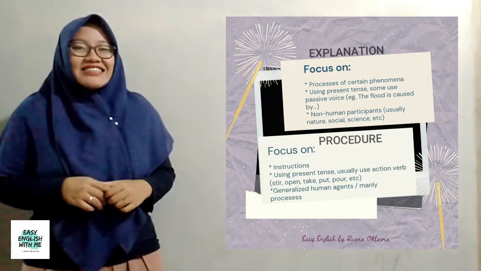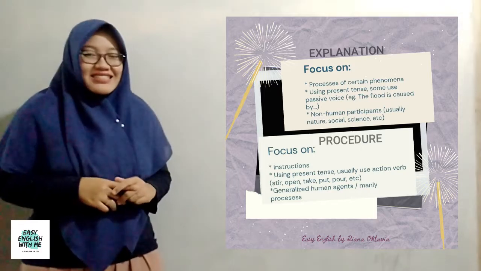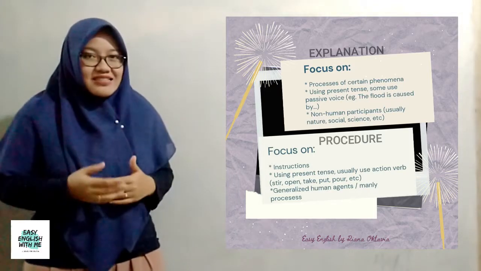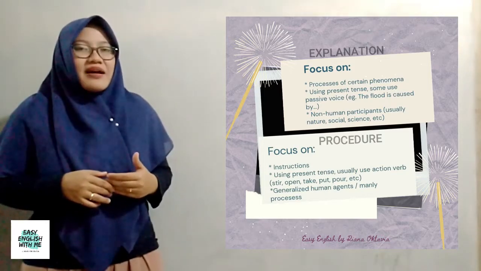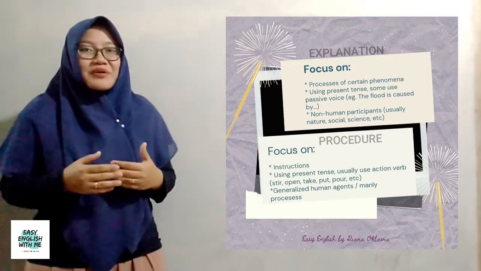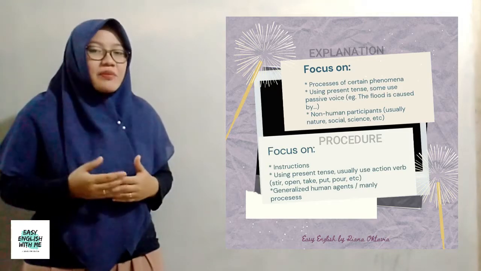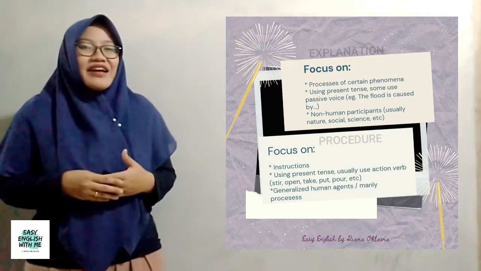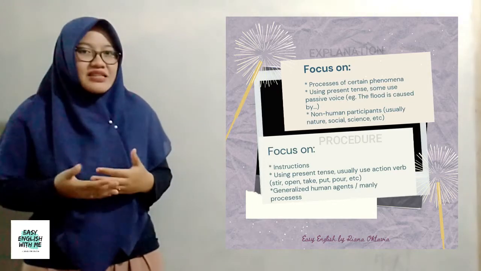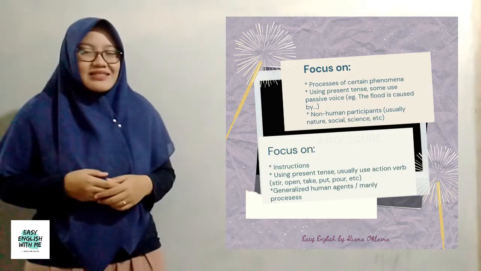Yes, and the last point of procedure text is usually generalized by human or usually it's about mainly processes. So it's about how to do something by human or people, and we can do it, we can use it by following some steps of procedure text.